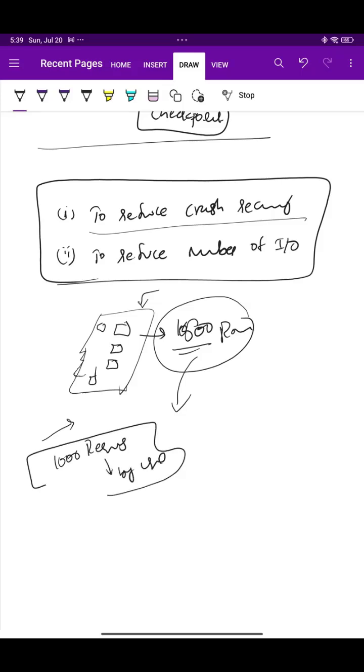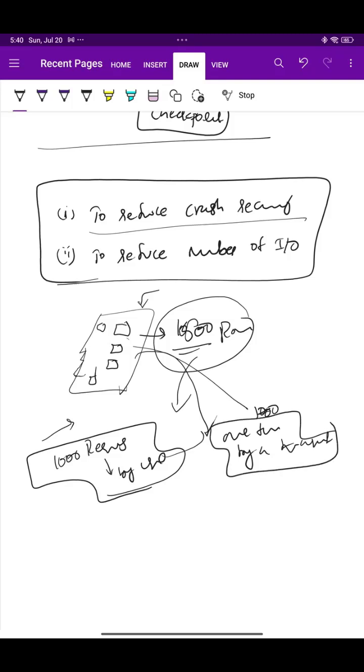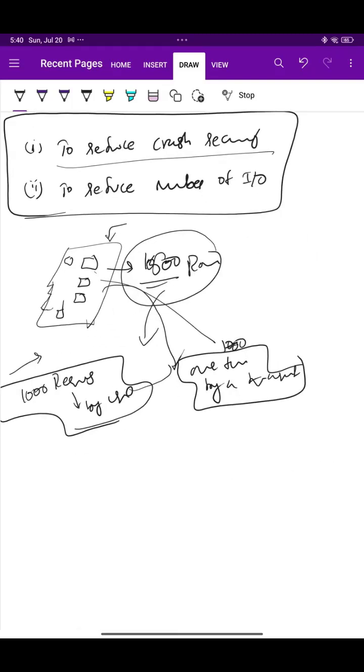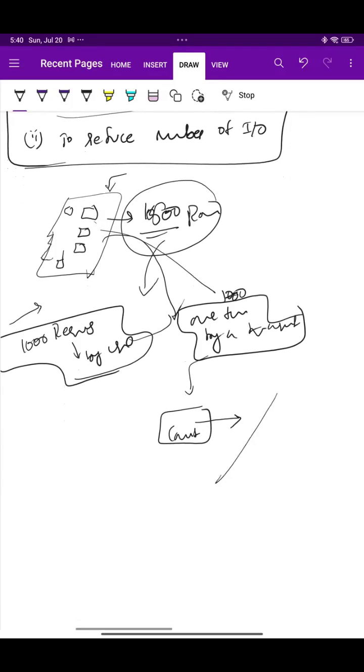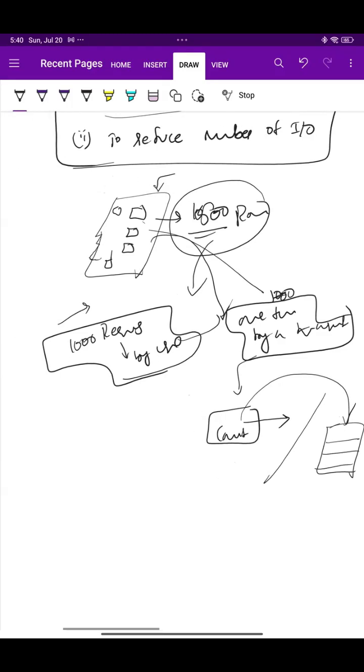So each user is updating their respective row in the same page one time by a transaction. One transaction is done by each user, making it committed. That committed transaction data needs to be updated in the data file. Okay, this is one transaction completed.